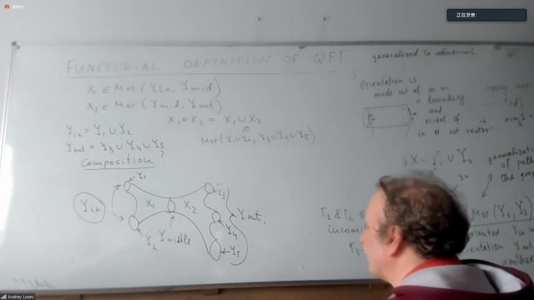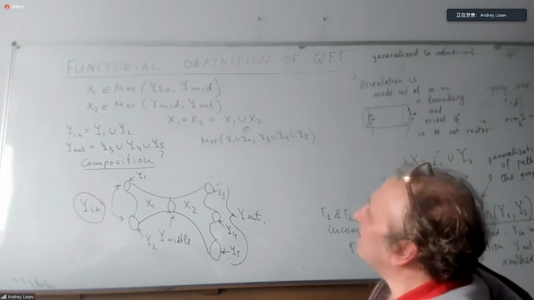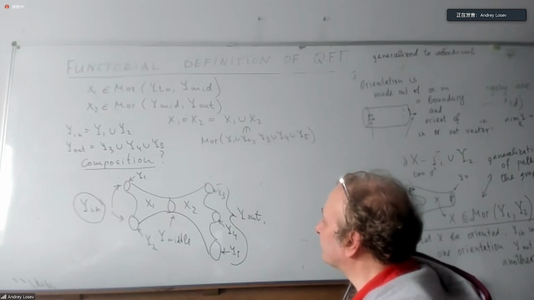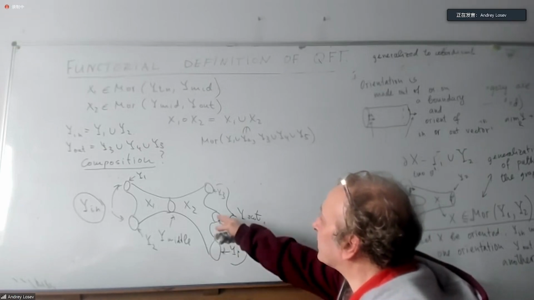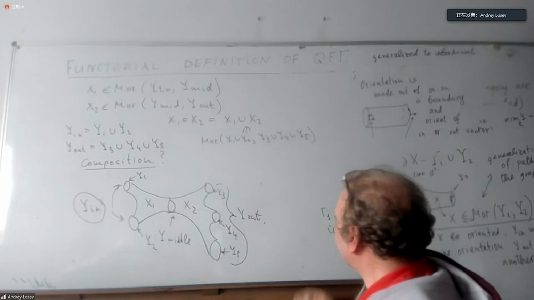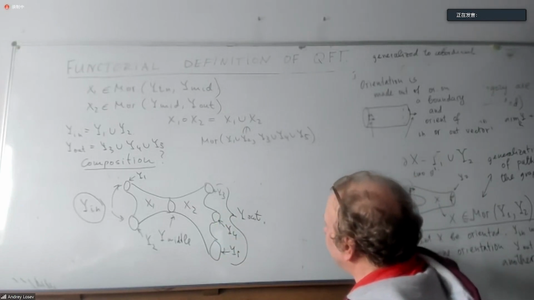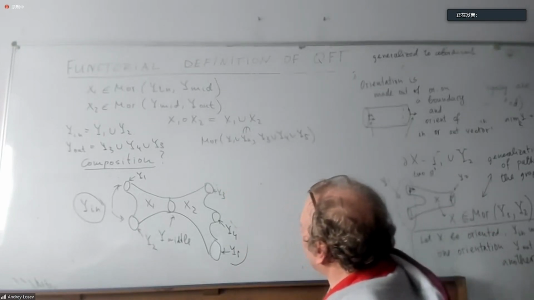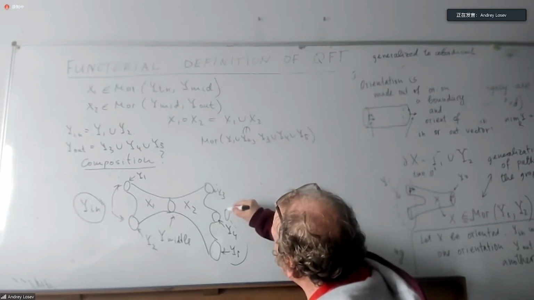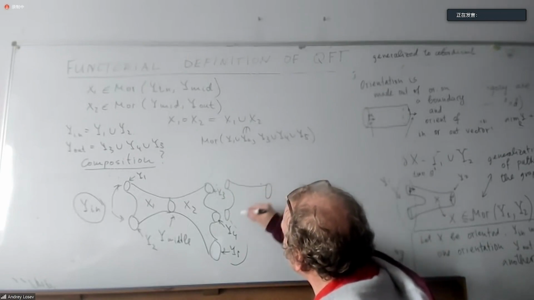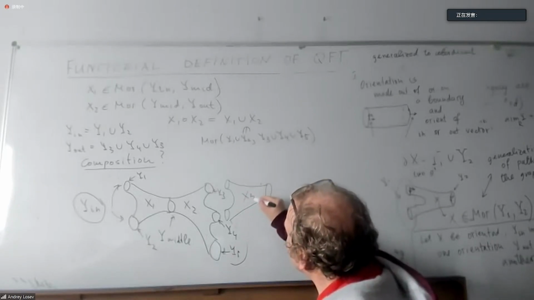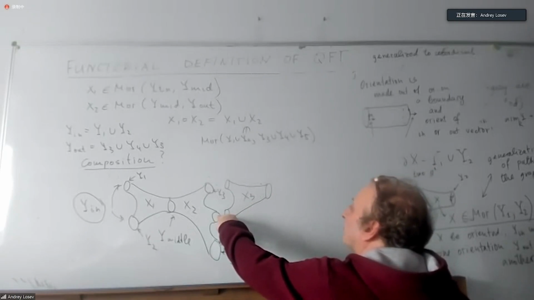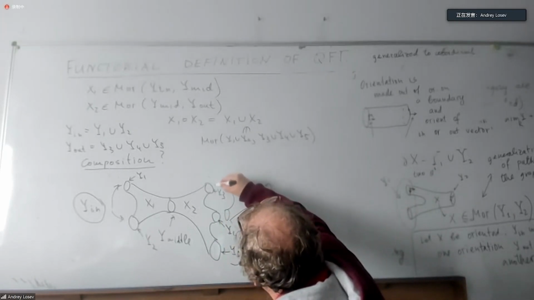Now, what do I mean by saying that this composition is associative? I mean something like this. Just imagine that later on, I will glue these two circles and these two circles together.